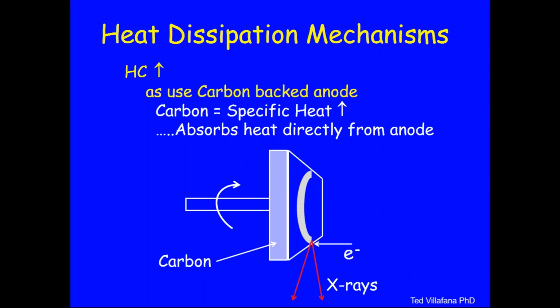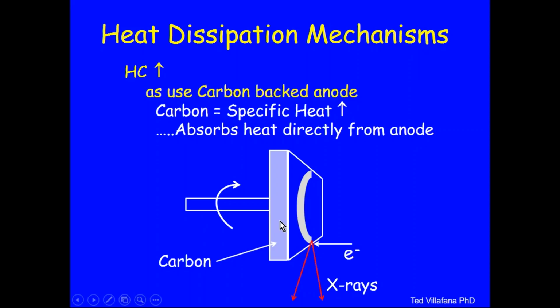Oh, it looks like our time is just about up. Let me summarize this and then let you guys loose. We had mentioned the oil bath as being a heat sink that absorbs a lot of heat because of its high specific heat, but the carbon also has a high specific heat, and because it is totally in contact with the anode, now you conduct heat out of the anode disk to the carbon.